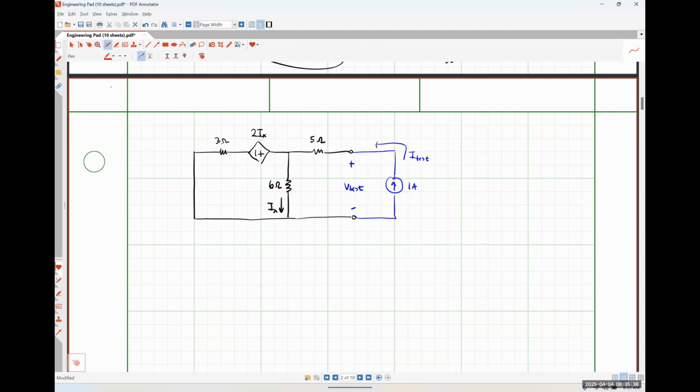And the node between the 5 ohm resistor and the 1 amp source, so that's 3. So it's a 3x3 system where all three quantities are unknown, and I solve for V test directly. Or I have a 2x2 system where one of those is already known, and then I have to write a KVL relationship at the end to solve for V test. I think those are roughly equivalent difficulty.